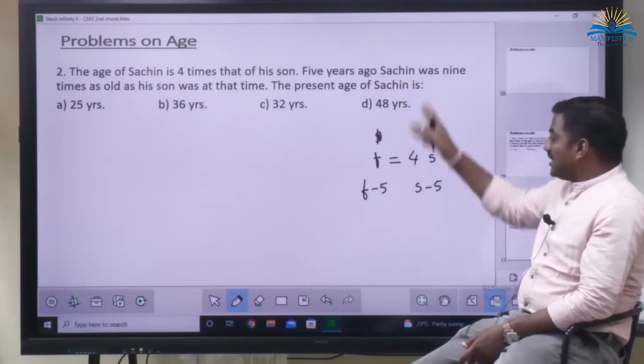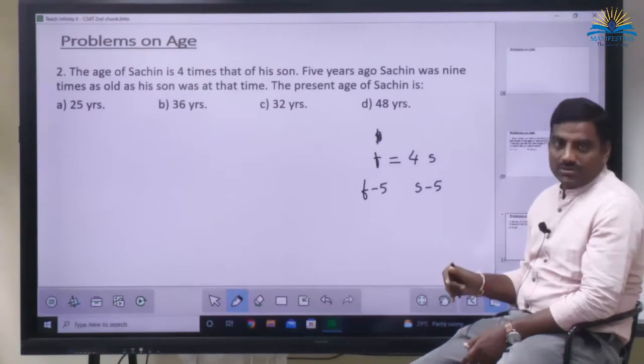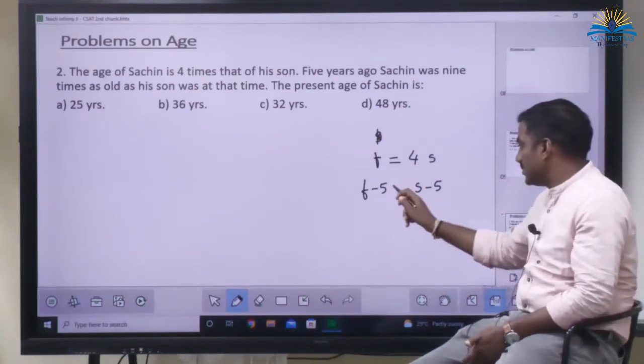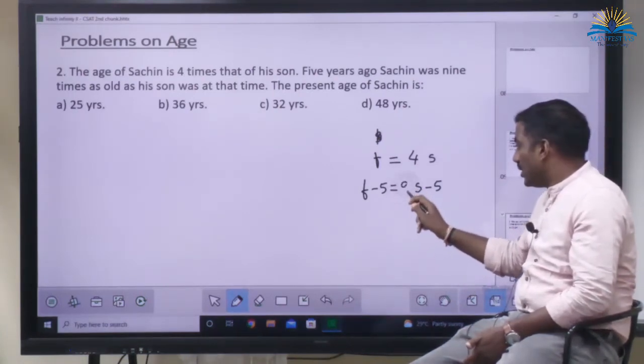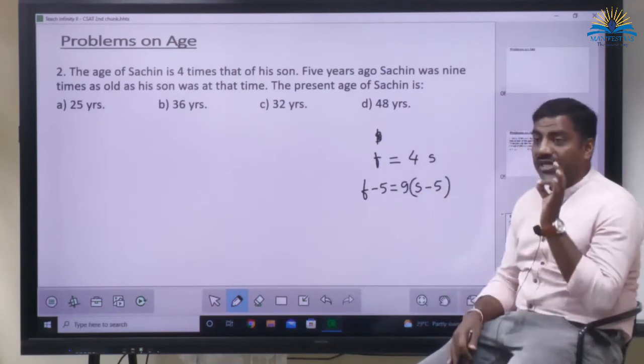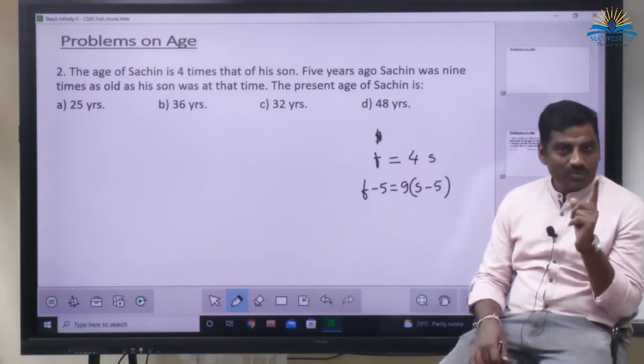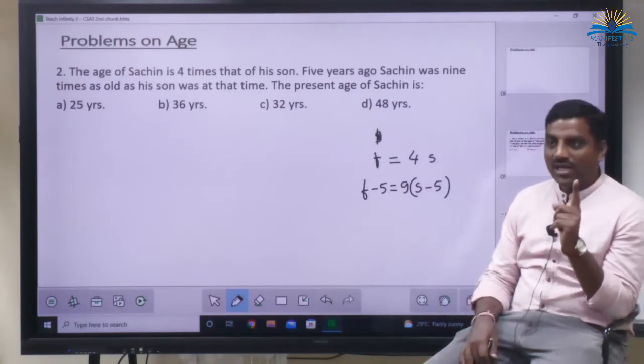5 years ago, Sachin's age, that is F minus 5, was 9 times his son's age. Writing this bracket is very important. In school also you have done these problems, but this bracket thing has affected you a lot.